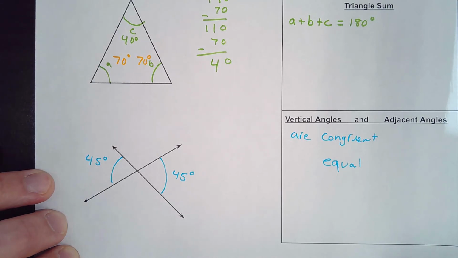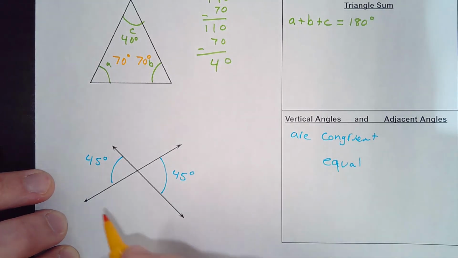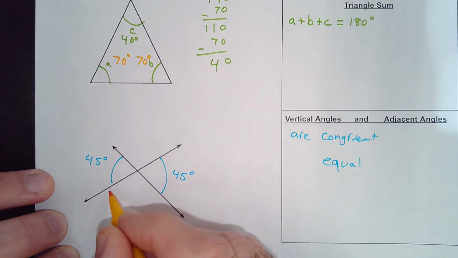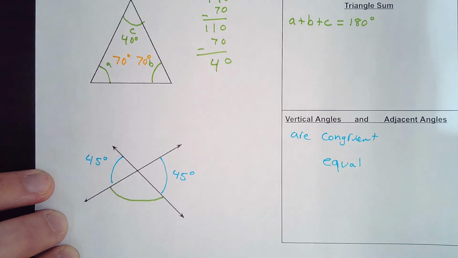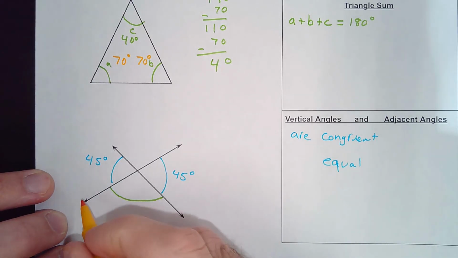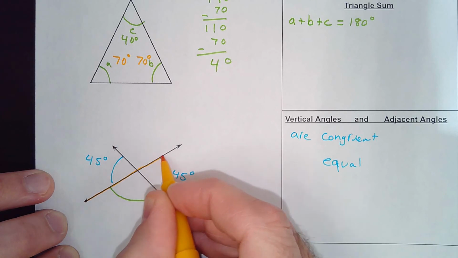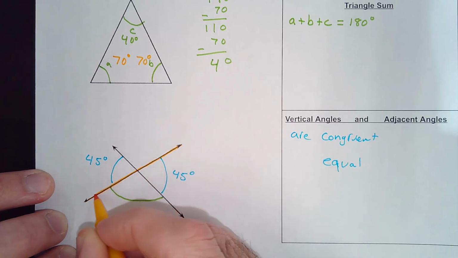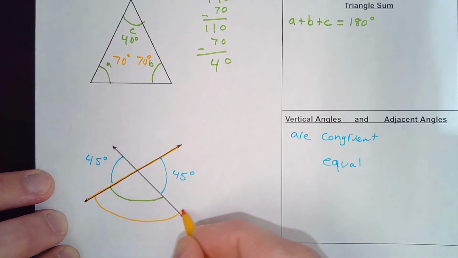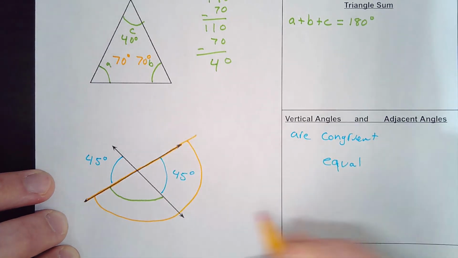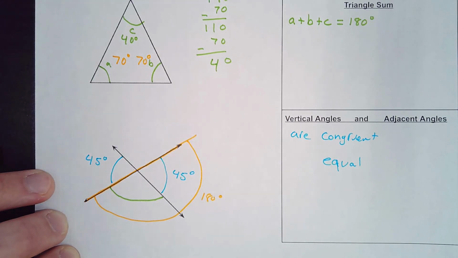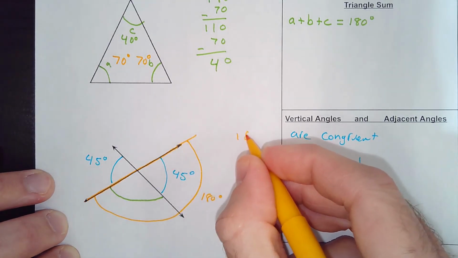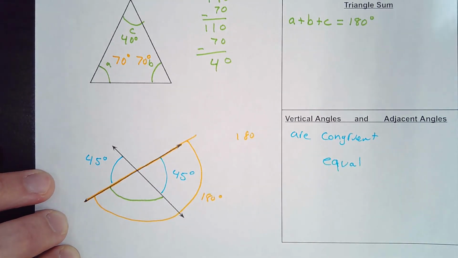So applying some of the other stuff that we used today, we could figure out this part here. Using this straight line, how many degrees do we know are in a straight line like this? 180 degrees. So if that's 180 degrees, and then we have 45 here, we already used up 45 of that 180.